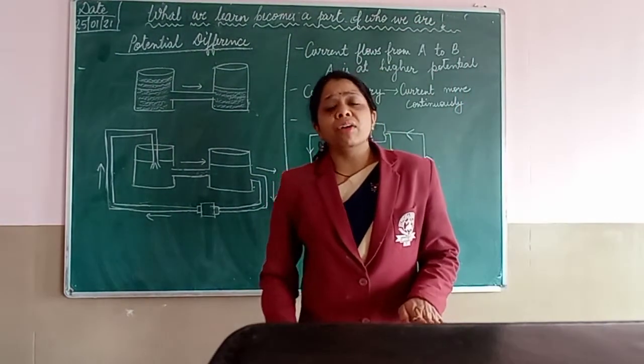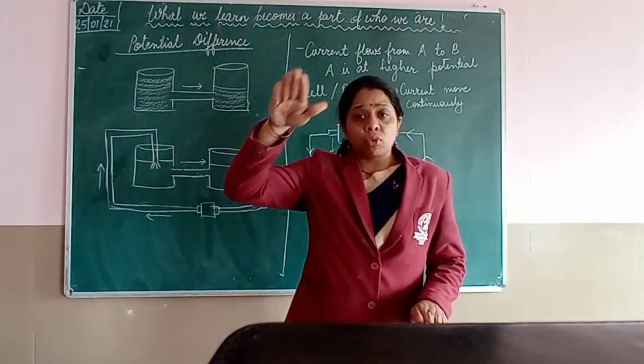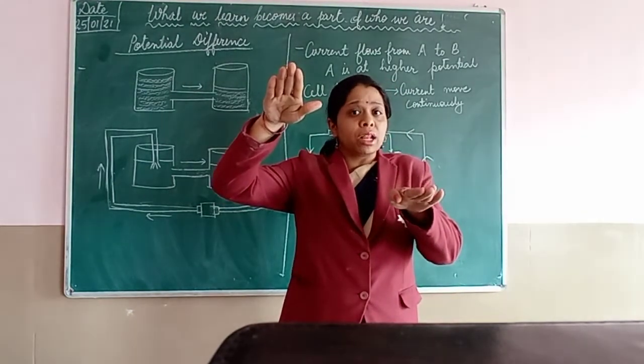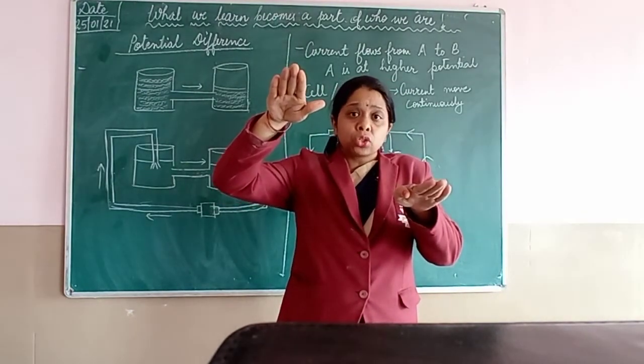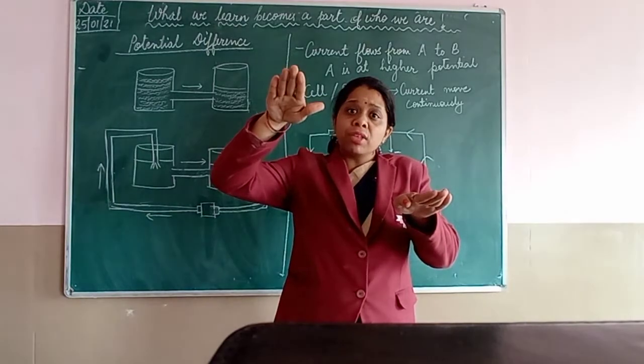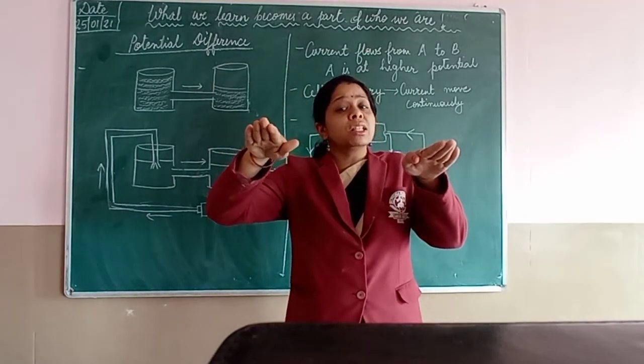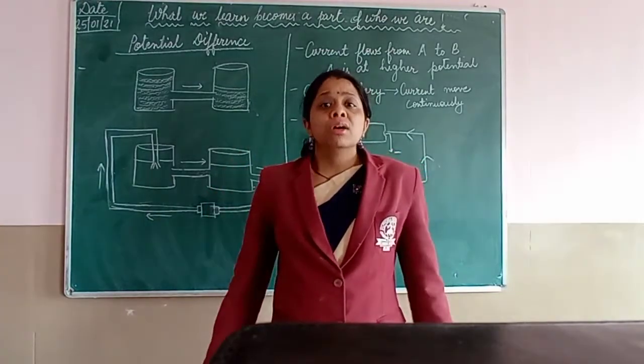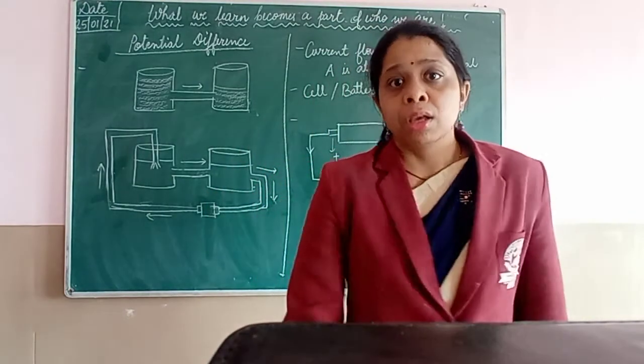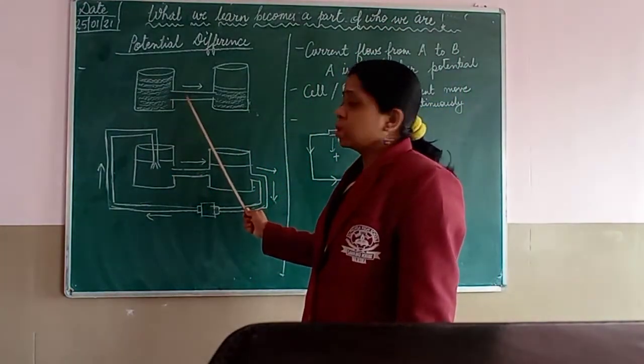I have taken a higher water level in one and a lower water level in the second vessel. So the water will move from higher to lower till the level of water in both vessels is the same. It will flow through this pipe.